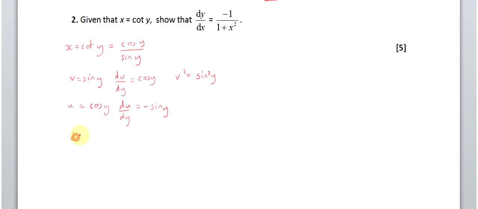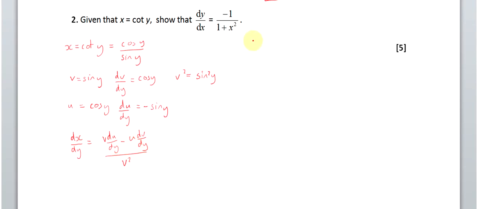So there's all our bits, and now substitute into the quotient rule. So this of course is dx by dy. Notice it's not dy by dx because this is all the wrong way around. And v du by dy minus u dv by dy all over v squared. And you've got to make sure you get this right, really important.